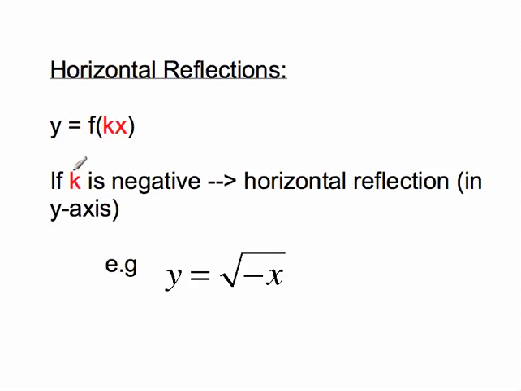So if k is negative, then that's going to give us a horizontal reflection in the y-axis. As another example, if you started from the parent function y is equal to root x, the square root function, if we replace that x with negative x underneath the square root sign, then what we're doing is flipping the graph horizontally, or horizontally reflecting it in the y-axis.